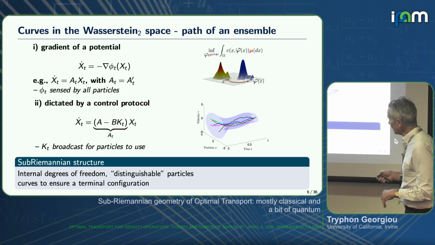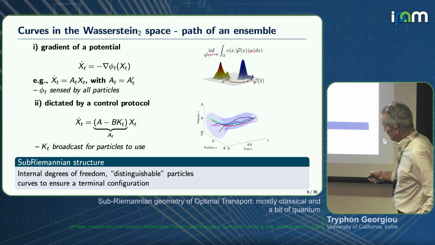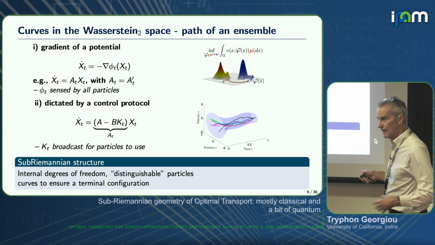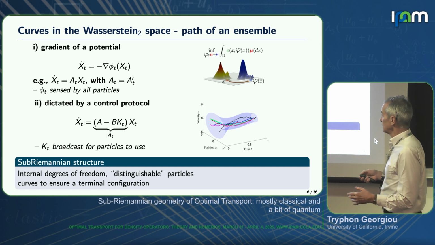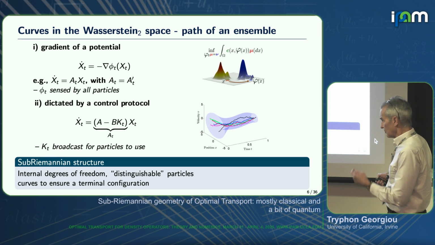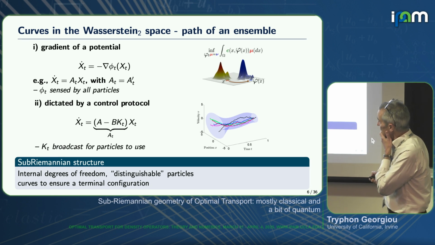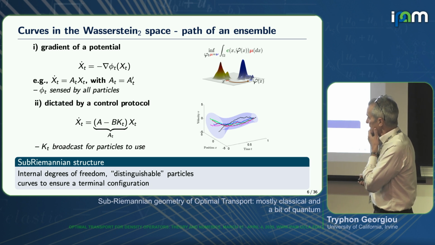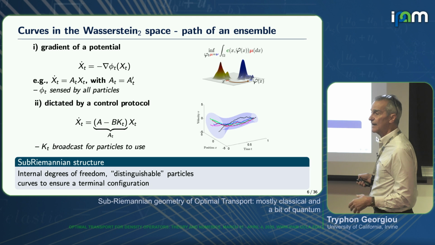Okay. So the first part of the talk, we'll be talking about the gradient of a potential, how you can steer distinguishable particles. And the second will be along the same spirit, when the control action, which is the A matrix here, is partially constrained in some directions.